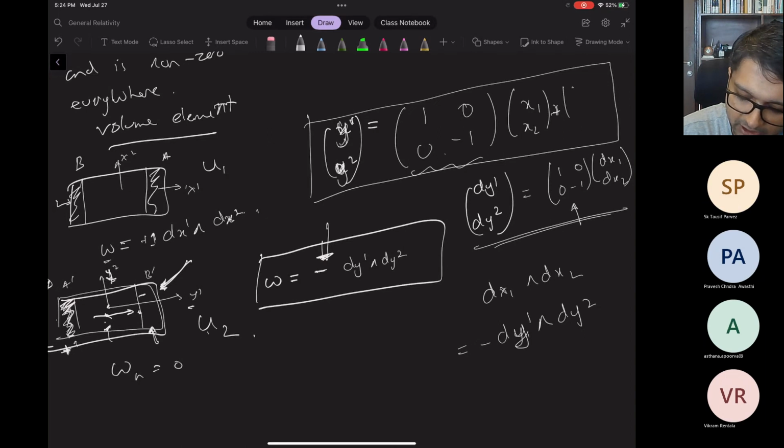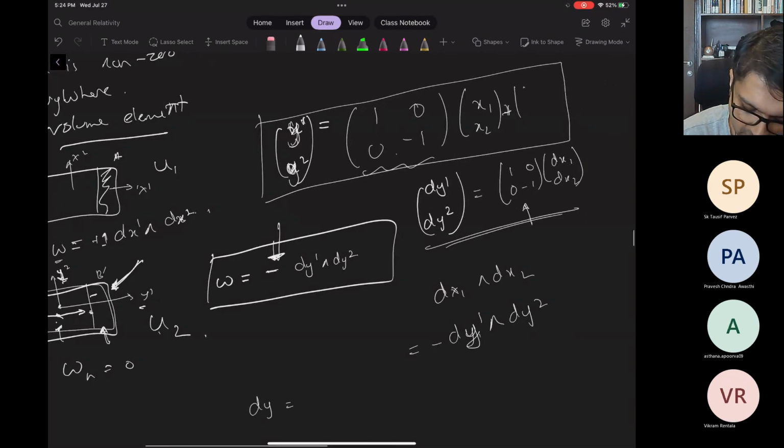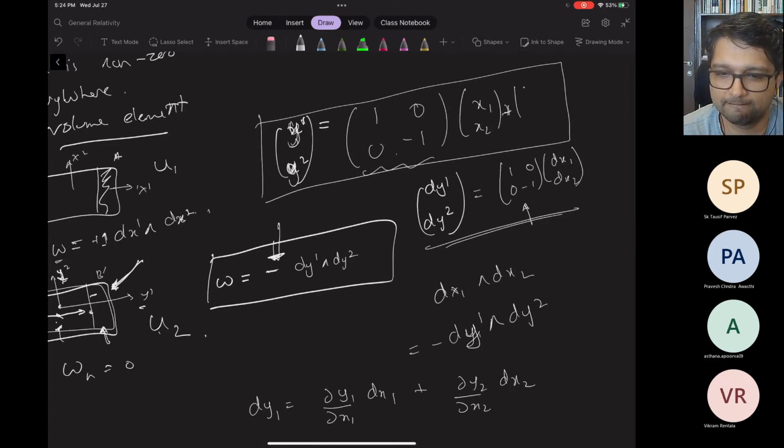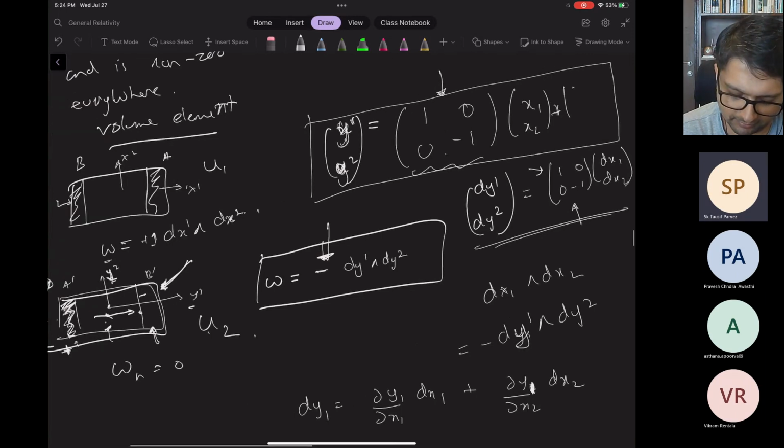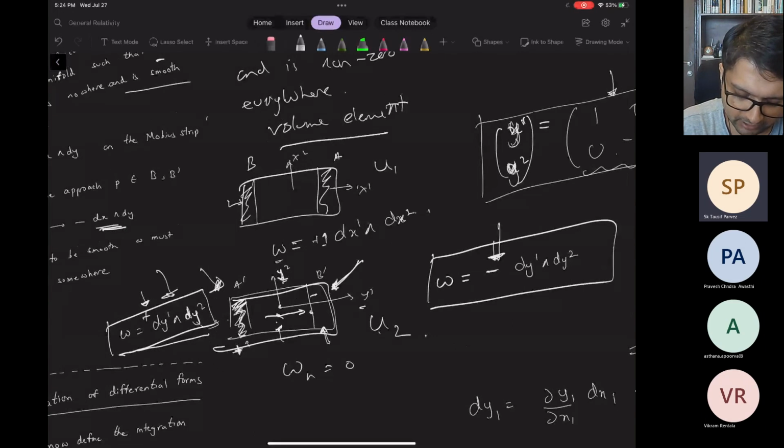What you can actually do here is dy1 is equal to partial y1 partial x1 dx1, using the tensor transformation rule, but it's effectively just going to be this matrix again. Yes, sir. And for A prime, the matrix is identity, so it is dy1 wedge product. Yeah, that's right.